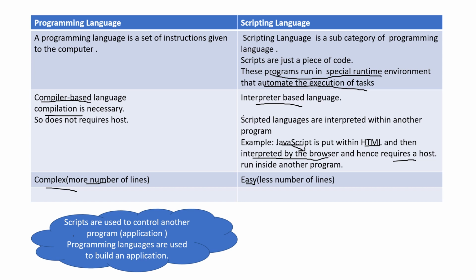For example, if you click on search, it has to display some image, so it requires very few lines. So these were the differences between the programming language and scripting language. Now, the second point that I had mentioned, that Python is a programming language as well as a scripting language. So that is why Python is very famous and popular.